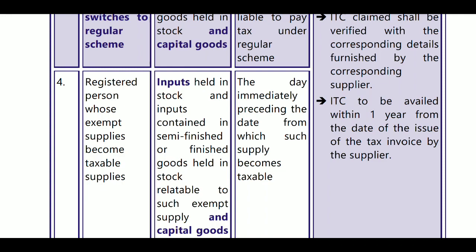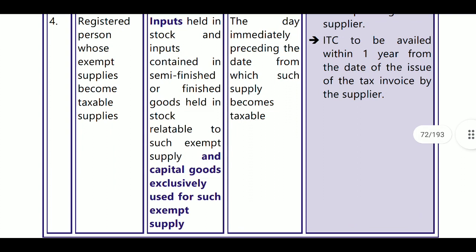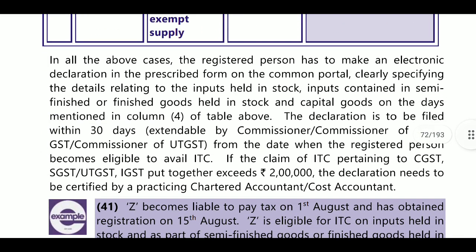Here also the ITC must be availed within 1 year from the date of issuance of the invoice by the supplier. In the above cases you can avail the ITC, but we need to satisfy 3 conditions.